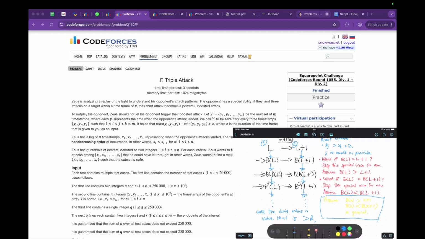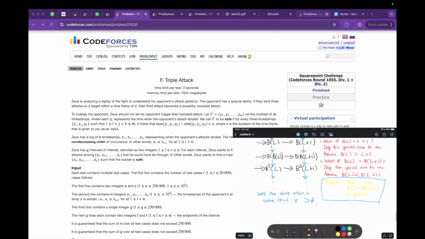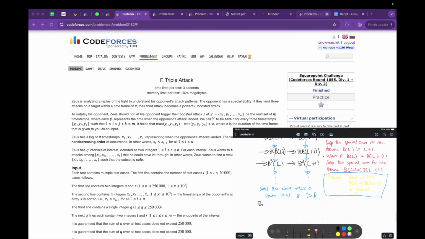So there's a standard technique to do that, and it's called binary lifting, which I will not go into too much detail here, but basically it allows you to find how many elements there are before we arrive at an element that is greater than R. And we can do that in O of log n time.